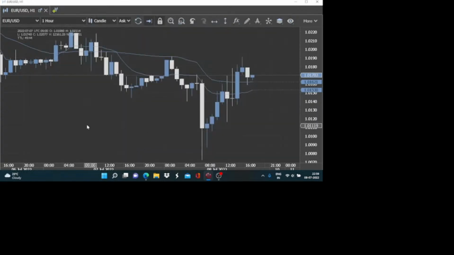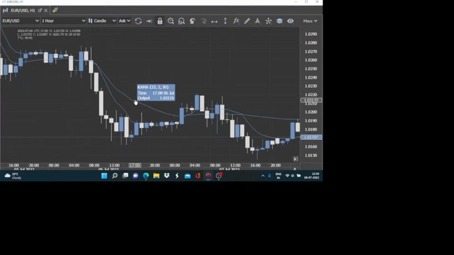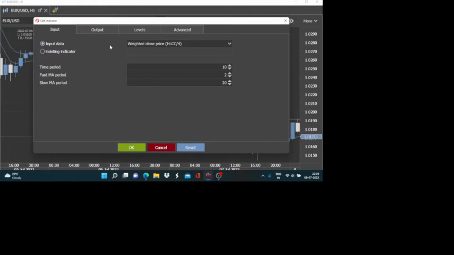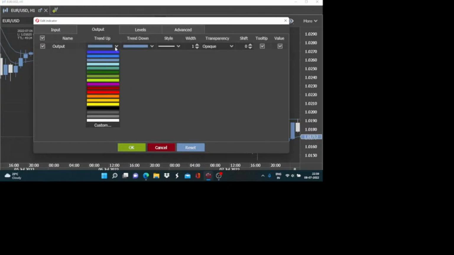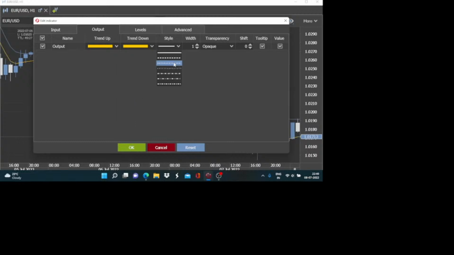So we have these two KAMAs now, and whenever one KAMA crosses above or below the other KAMA, I will change the output combination here so that we find it much easier to differentiate between the two.